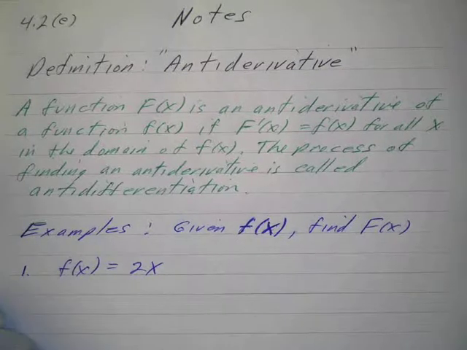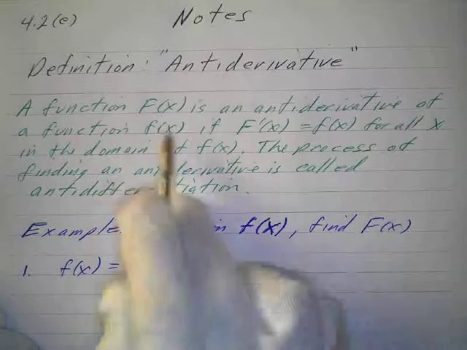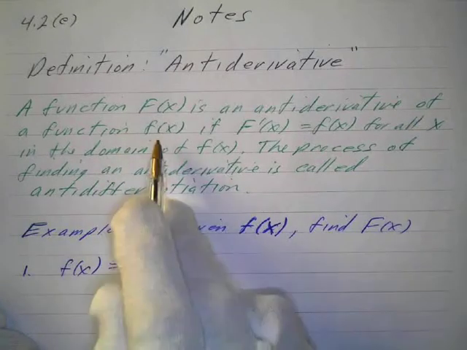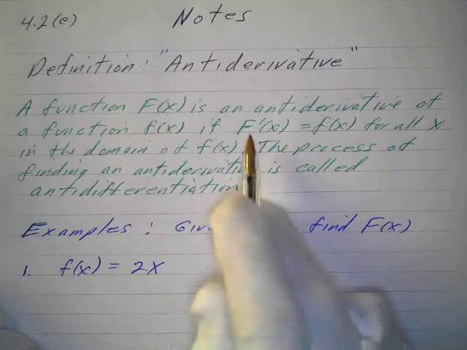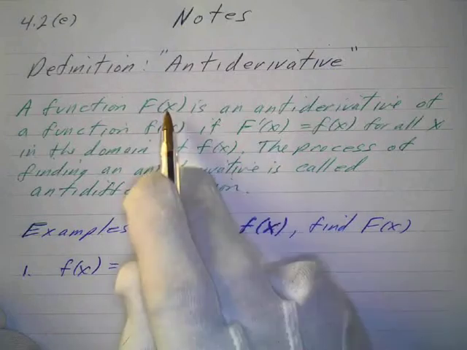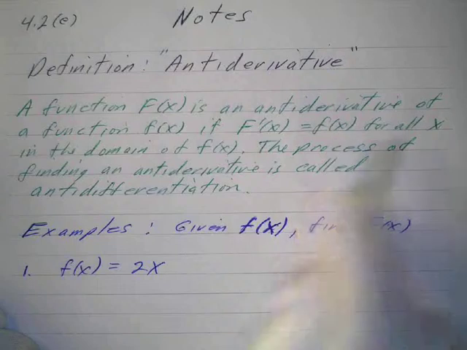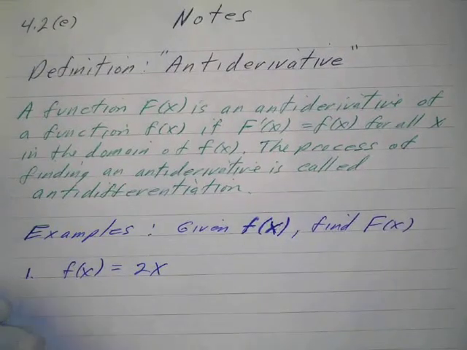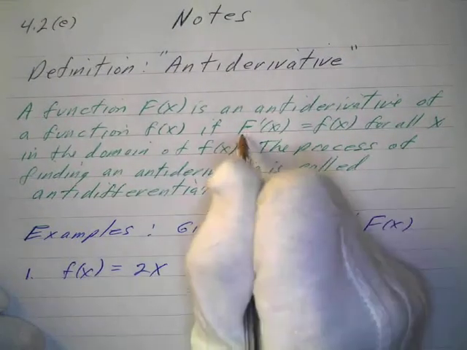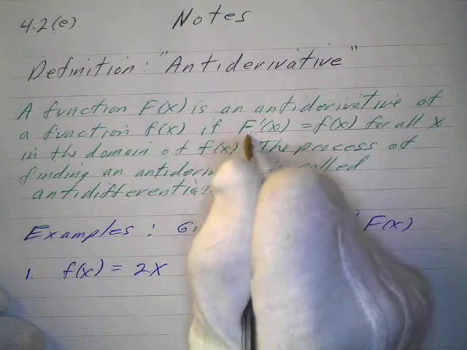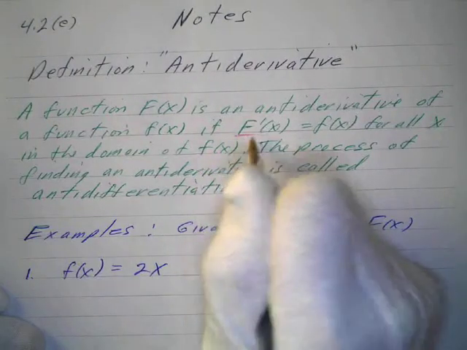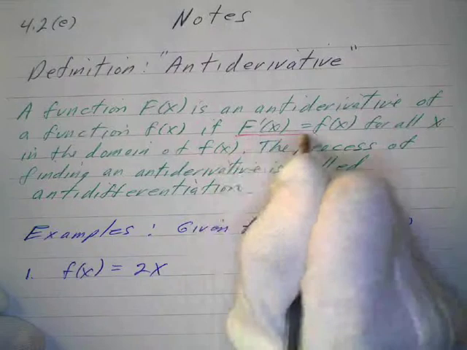A function capital F of x is an antiderivative of a function little f of x if F prime, or the derivative of capital F of x, equals little f of x, for all x in the domain of f of x. So this is the key idea: if we take the derivative of the antiderivative, we get the function.